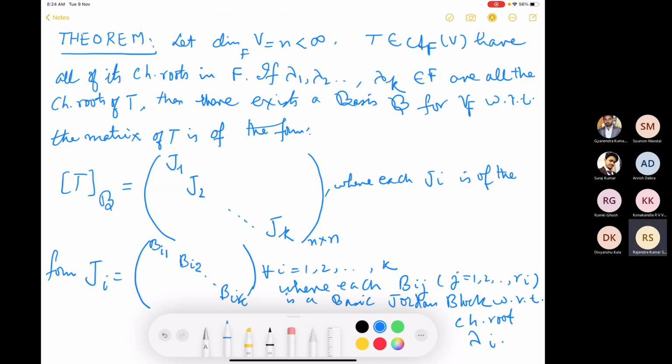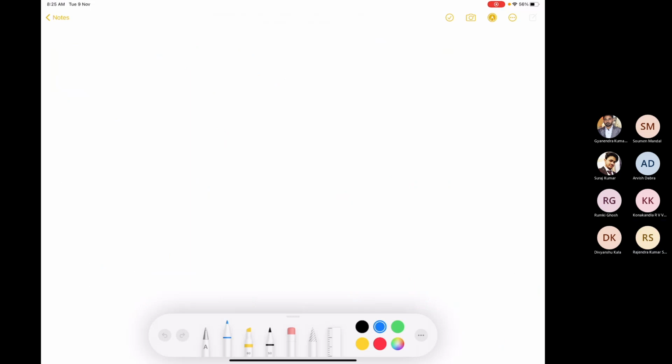So like that we would like to prove here as well. To prove this theorem, we shall need a few results beforehand. So we go back now again to a few things that we need. So proof will consist of some results that we need to prove now. So let us take the dimension of V over F, say n, be finite.